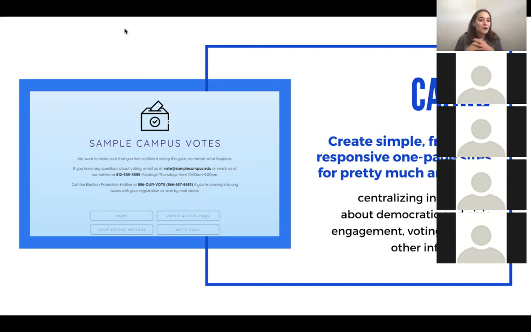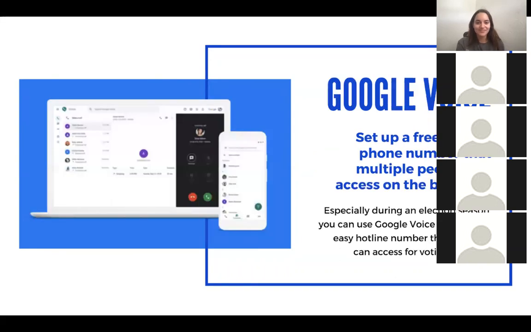No matter what you're doing, if you're trying to centralize information, if you're trying to direct your audience towards a specific place, you can make a Carrd, and it's so easy and simple, and it's a good way to make sure that people get all the information they need.